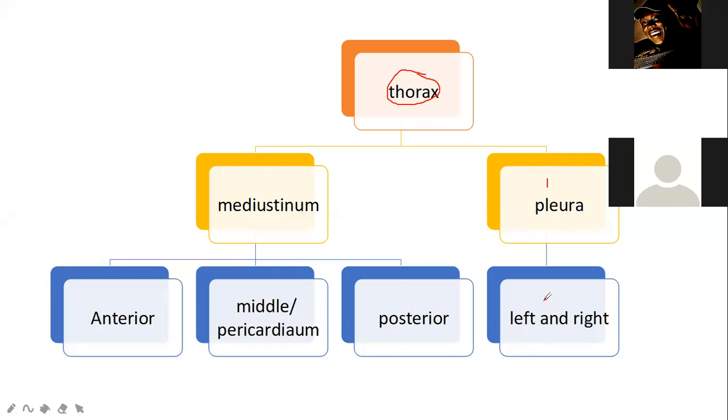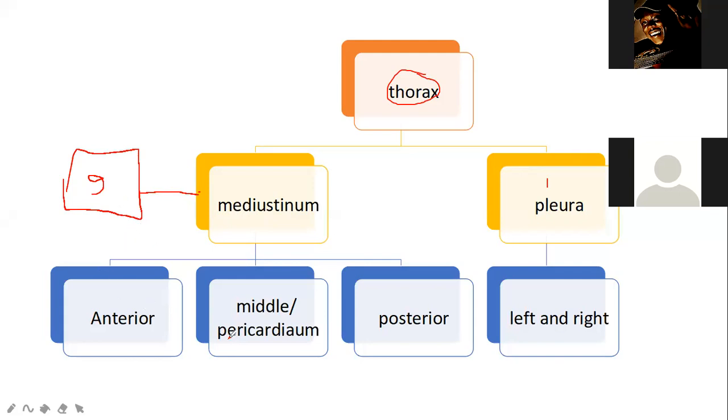So the right and the left pleura, and then we have the mediastinum. The mediastinum is the space located between the two pleura. The mediastinum is divided into a superior mediastinum and an inferior mediastinum.